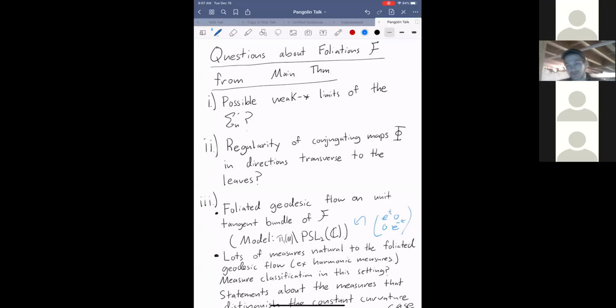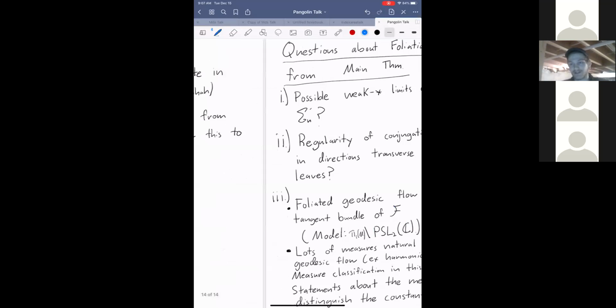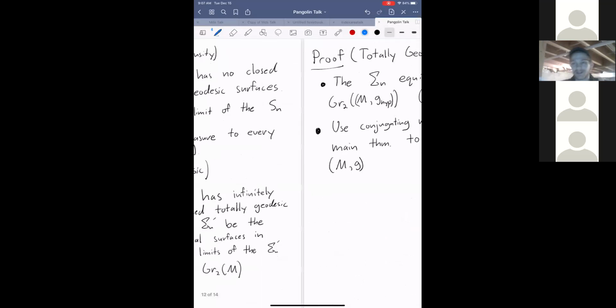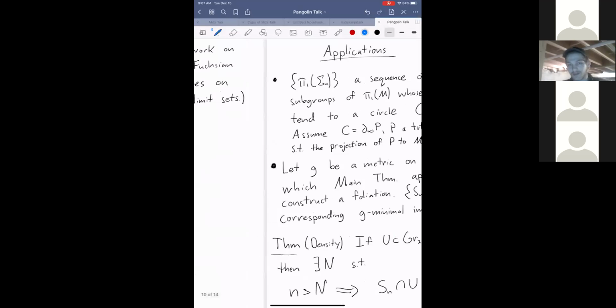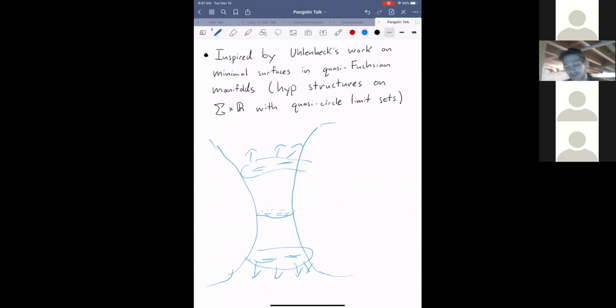You can look at the Hausdorff dimension of the limit set and the quasi-conformal constant for the quasi-circle for the limit set. And there are all these theorems that relate these different measures of complexity in the almost Fuchsian regime of quasi-Fuchsian space. So for the setting here, I think you could ask similar questions. You ask for theorems that relate, I don't know, how far away the metric you're looking at is from the constant curvature one.